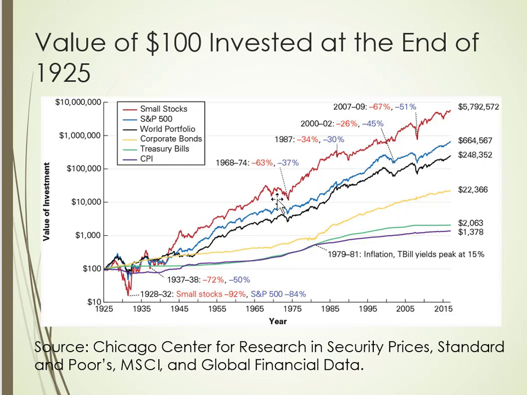Why? Well, the difference is all about the variability and how things grow and compound interest. Now, if you look at the actual graphs here, the small stocks grew at roughly 12.6%. The S&P 500 is 10.4%. Now, inflation, this bottom line down here, was 2.89%.